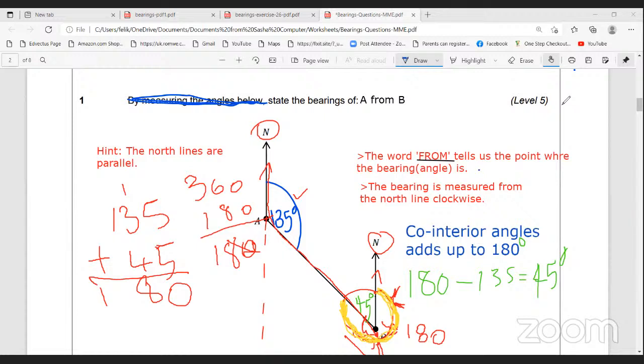So now we know this side right here is 180 and the other side right here is 135 degrees. So all I have to do is add 180 plus the 135 and get the angle. What would the angle be?